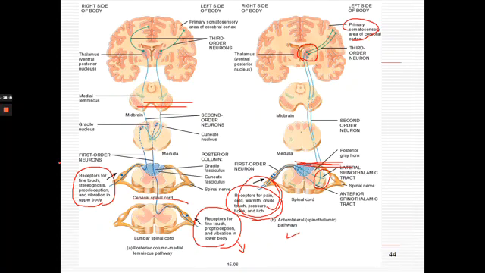So this differentiates these two systems. For the first system, the dorsal column, if the damage is lower than the medulla, it is ipsilateral, the same side. If it is above the medulla, it is contralateral, the other side.